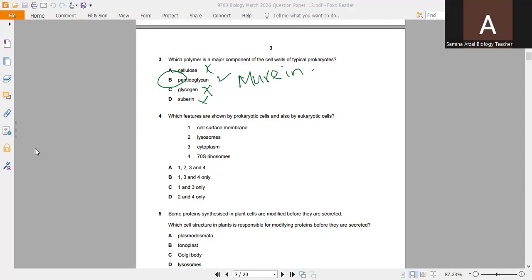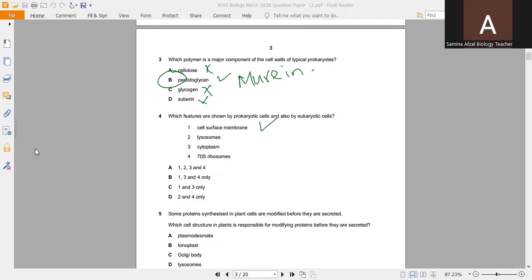Now question number 4: which features are shown by prokaryote cells and also by eukaryotic cells? The first option is the cell surface membrane, which is present in all cell types, whether they are prokaryotes or eukaryotes.